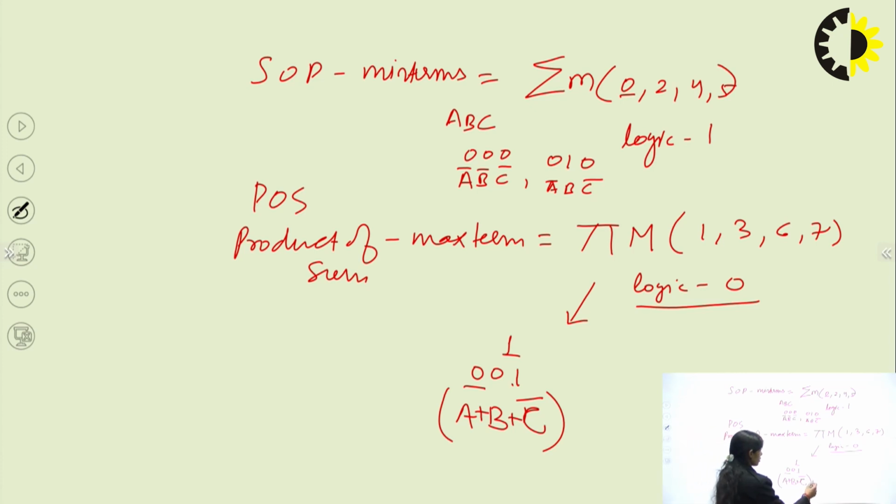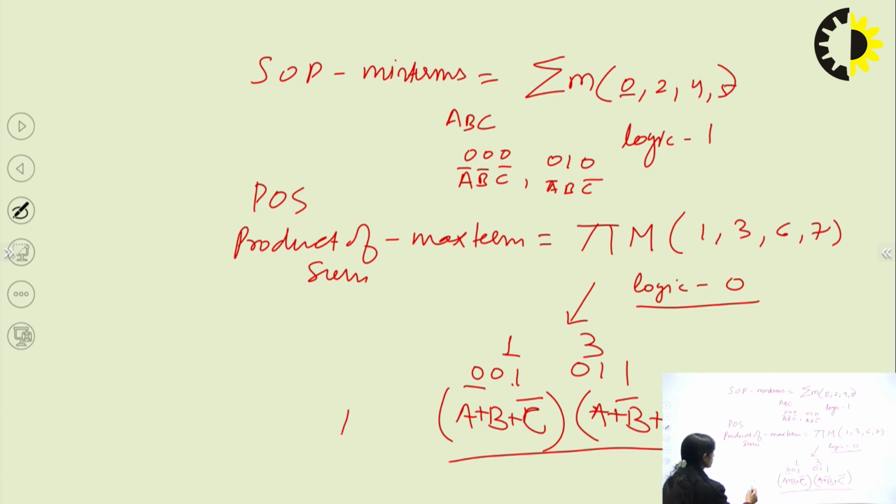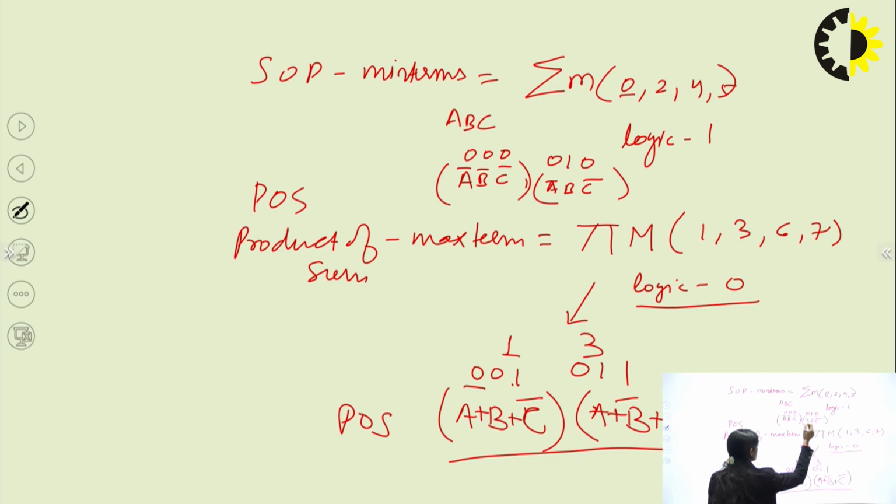This is one term. Suppose we have 3, that means 0, 1, 1. Then 0 is represented as A, 1 as B bar, and 1 as C bar, with plus between them. So, this is called the product of sum term and the other is called sum of product. We have these two types of terms, that is min term and max term.